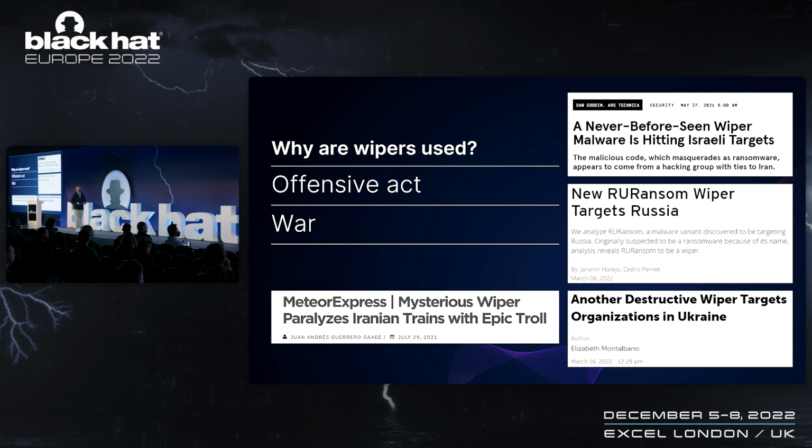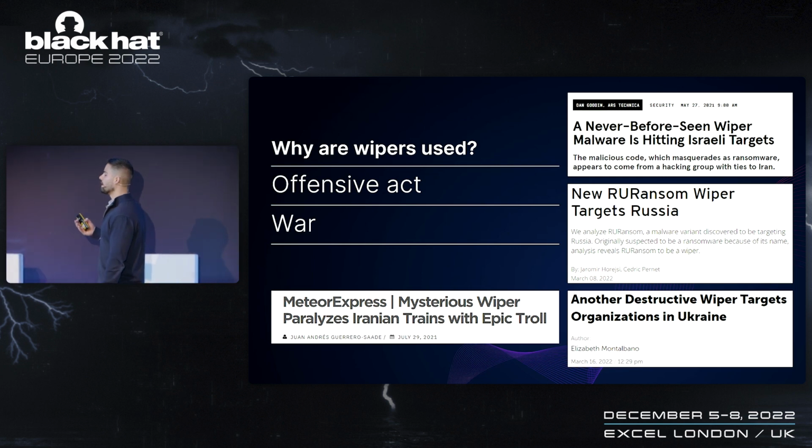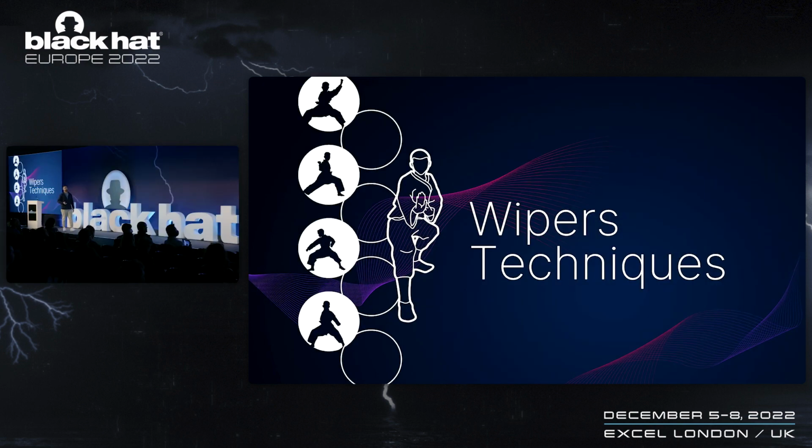We can also see that both Iran and Israel were attacked by wipers. So basically everything that we hear on the news about rivalry between countries is also expressed in cyber warfare. But let's start talking about the technical aspects of how wipers nowadays work.